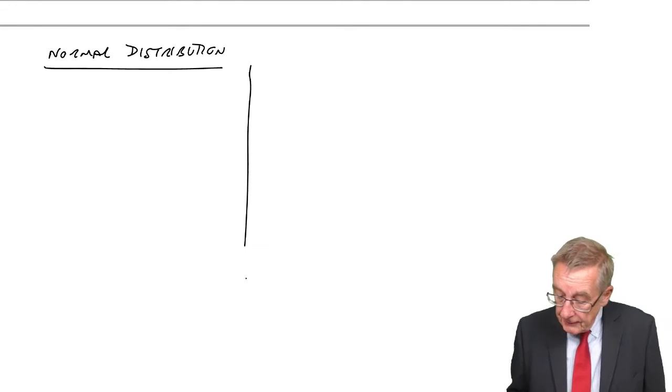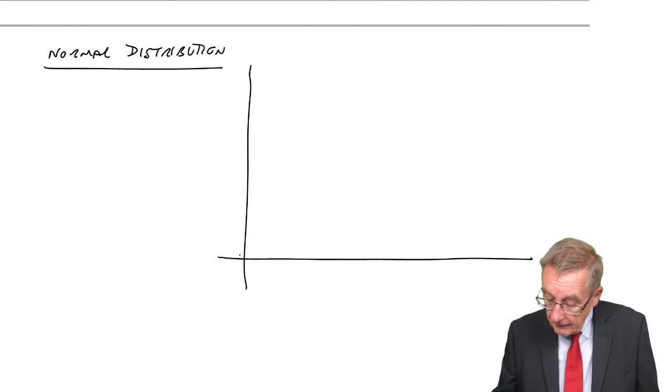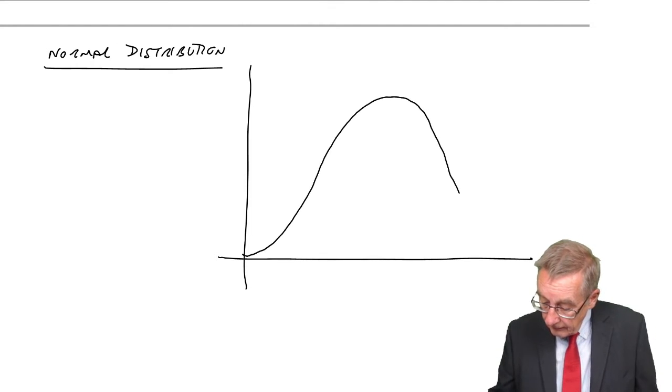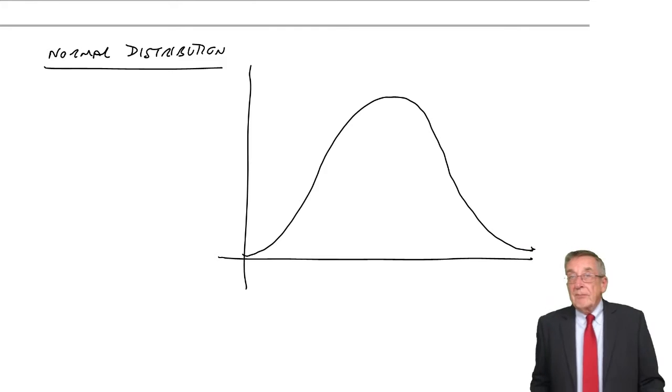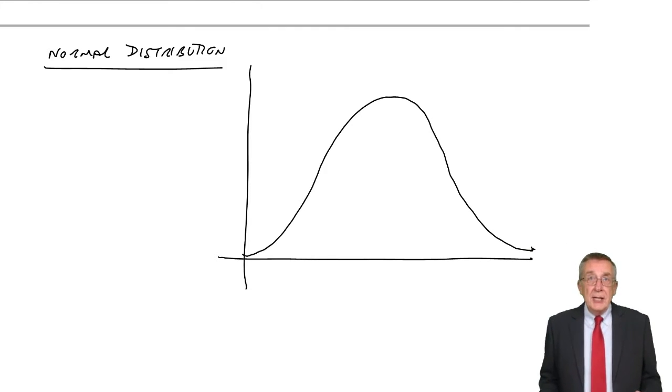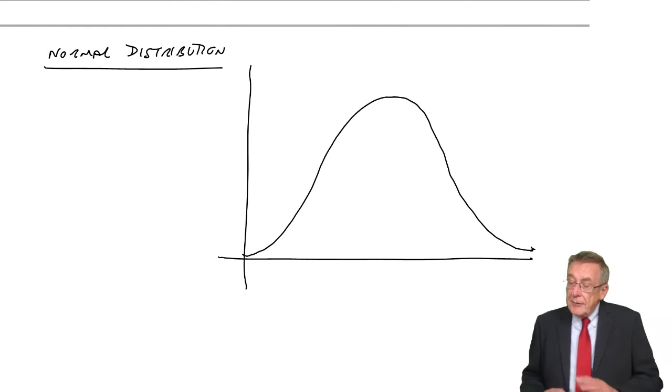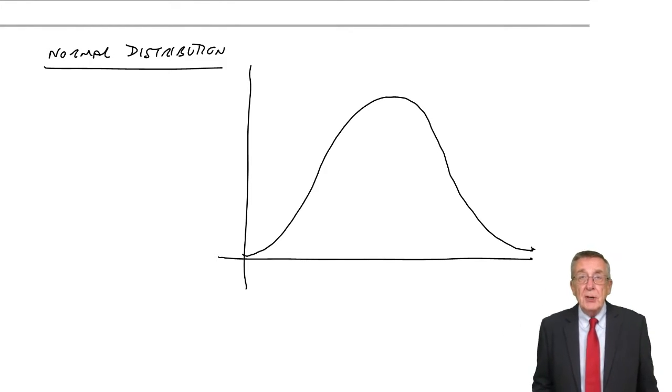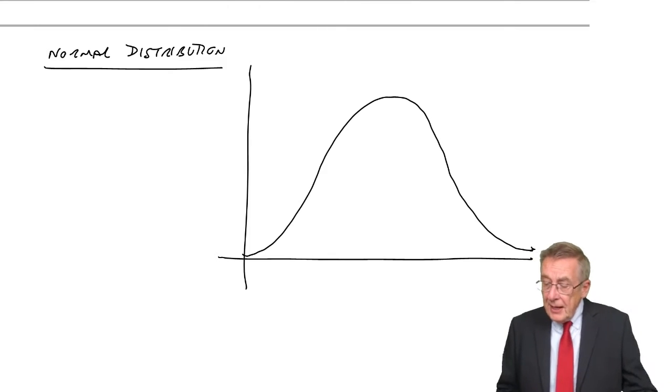And it looks like this. Now, strictly, it's got a very, very precise equation. It's a very precise curve. But any curve that's more or less this shape is a good enough approximation.